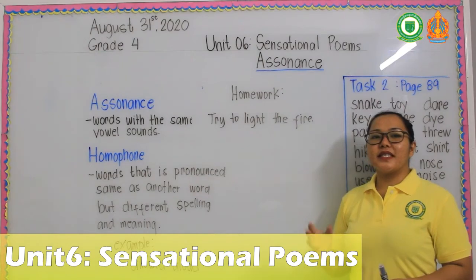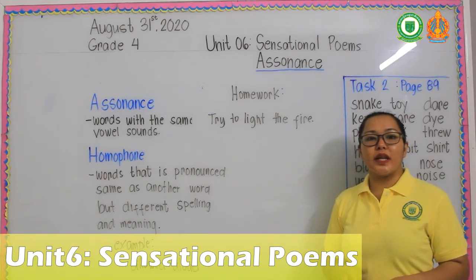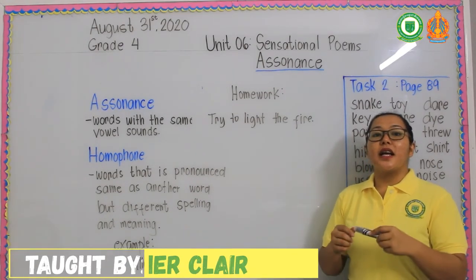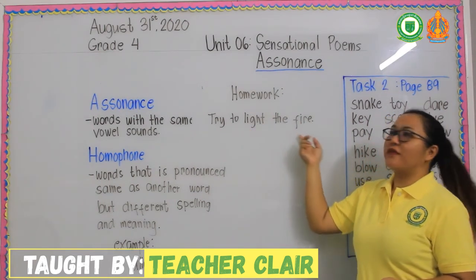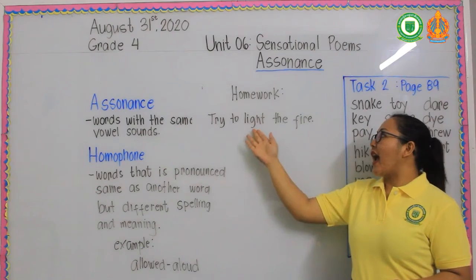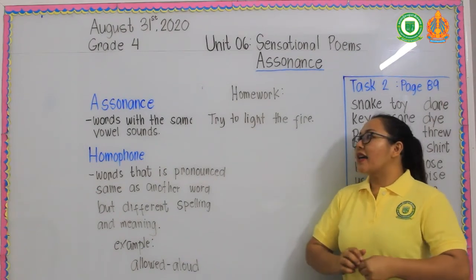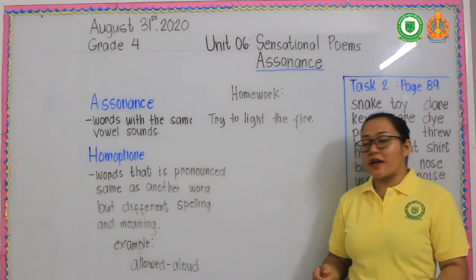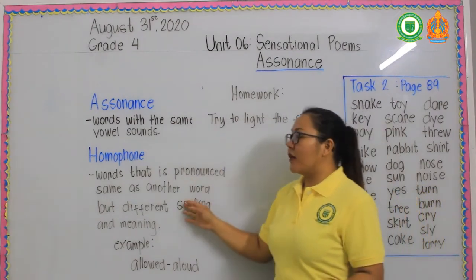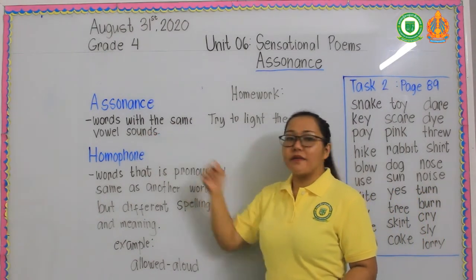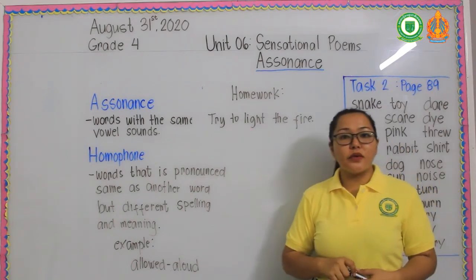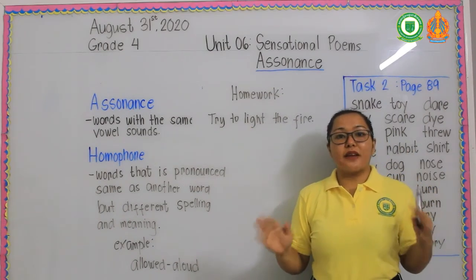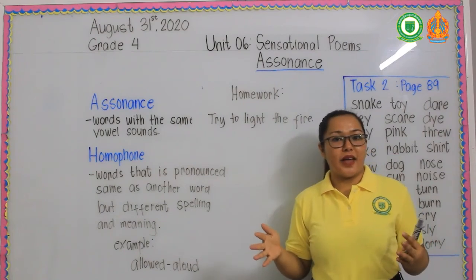So if you notice that there's a repetition when it comes to the vowel I, right? Try to light the fire. So again, assonance works with the same vowel sound, so they're almost the same, okay? So these have the same vowel sounds, but they are used in a phrase or in a sentence, okay?